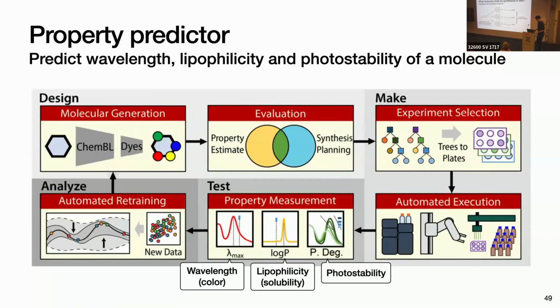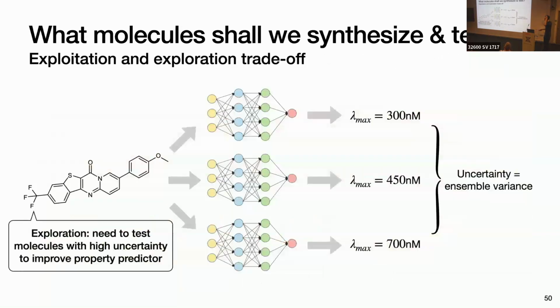Of course, I talked about the generative model already, so I just want to touch on how we do this loop. Basically, what molecules shall we synthesize and test? In this case, we no longer just go for greedy. We want a balanced exploration trade-off. To do that, we need to quantify the uncertainty of a prediction.